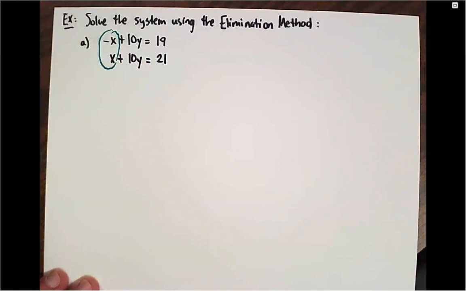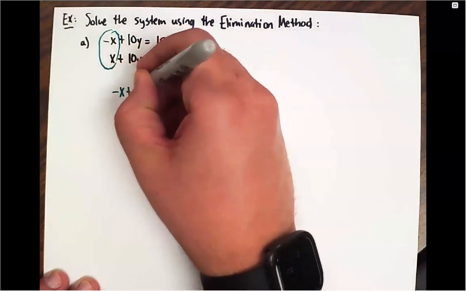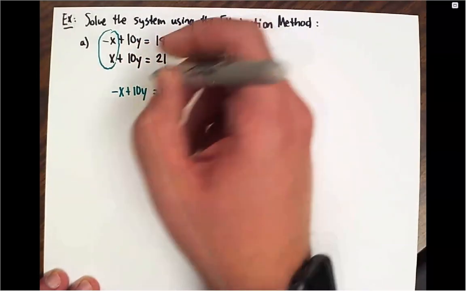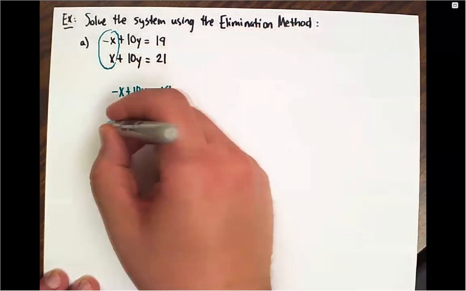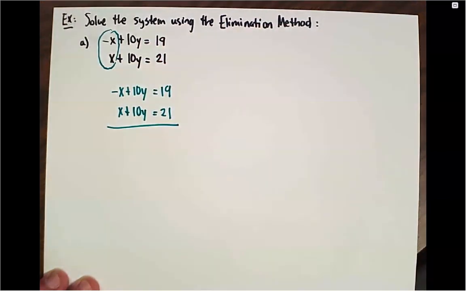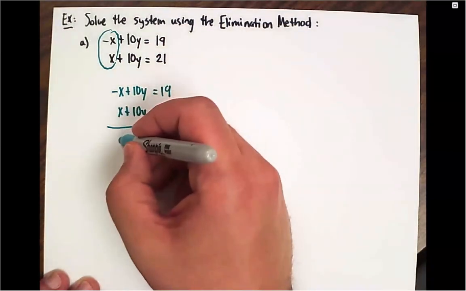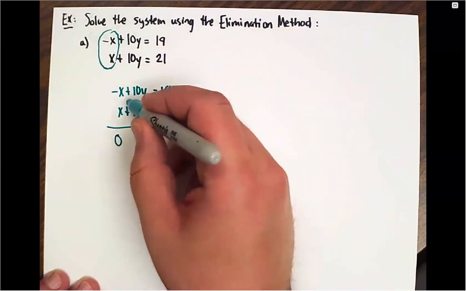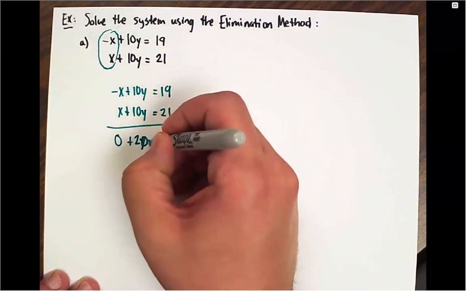I don't have to do anything to these two equations. I just take negative x plus 10y equals 19, and x plus 10y equals 21, and I'm going to add these equations together. Negative x plus x is 0. 10y plus 10y is 20y.